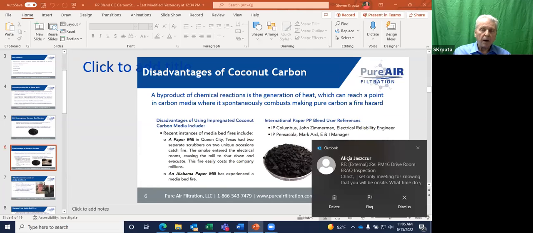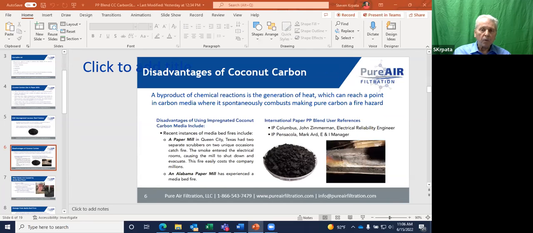Then you additionally have a byproduct of chemical reactions in the level of heat, and heat can be generated to a point where the carbon media spontaneously combusts, which makes pure carbon media a fire hazard.